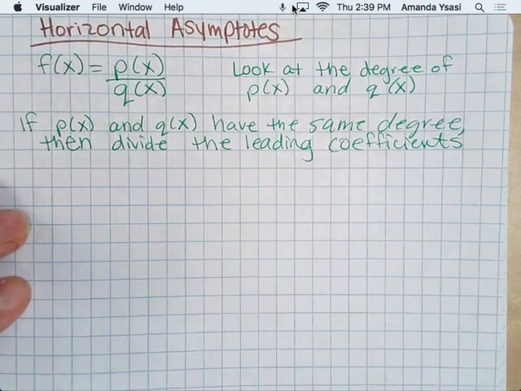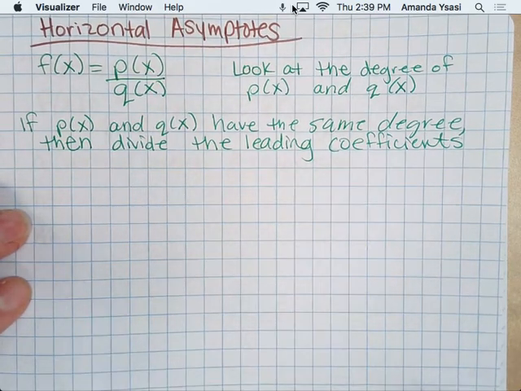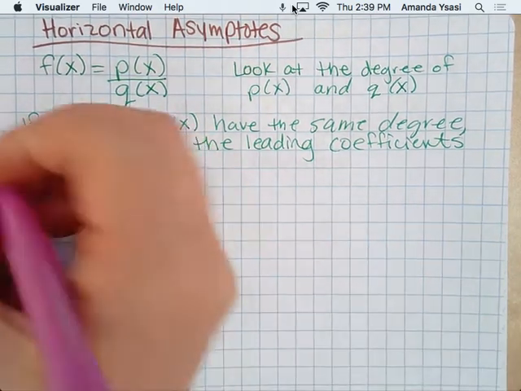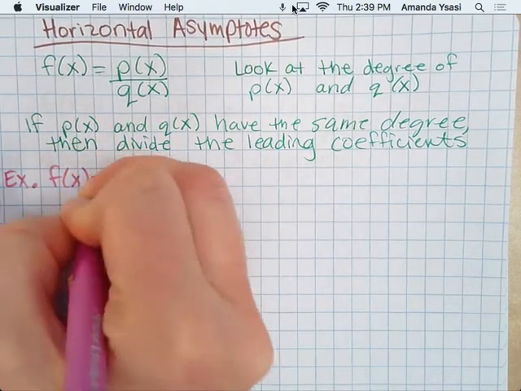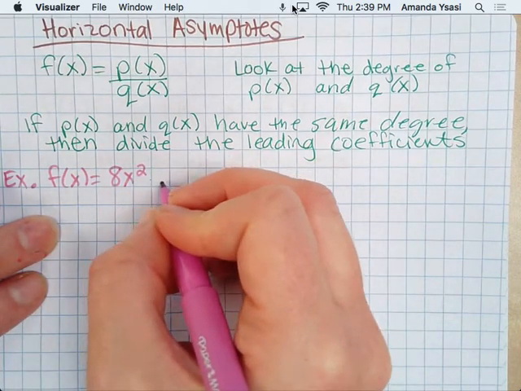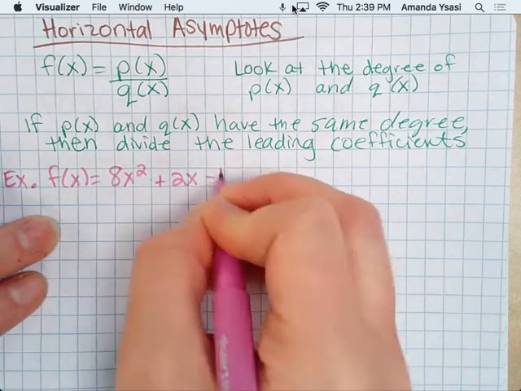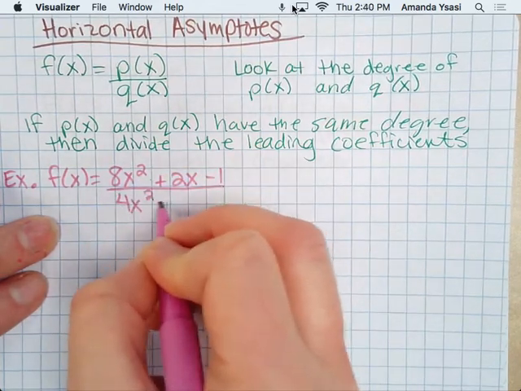And you'll do P of x on top of Q of x. So I feel like we need an example of that. So let's say f of x equals 8x squared plus 2x minus 1 over 4x squared minus 1.